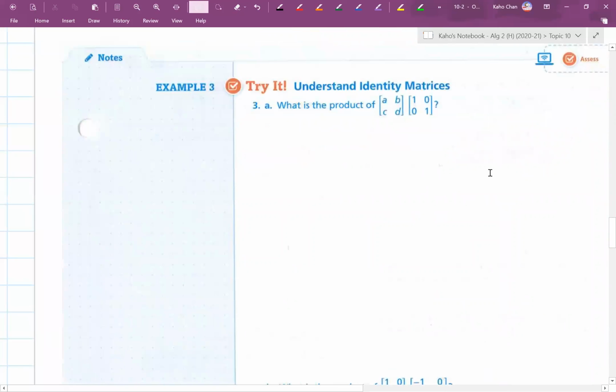All right. Identity matrices. Now, the word identity in math or algebra specifically is basically saying, hey, what do you multiply by to get back the same number? The identity with multiplication with regular numbers is the number 1. In a matrix, and by the way, an identity matrix is a square matrix with ones down the downhill diagonal.